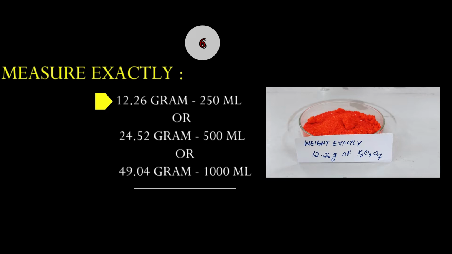So in case you want to prepare a 250 ml reagent, then you can weigh exactly 12.26 gram of potassium dichromate. And in case you want to prepare 500 ml of reagent, you can weigh 24.52 gram of potassium dichromate. And in case you want to prepare a 1000 ml reagent, then you can weigh 49.04 gram of potassium dichromate.